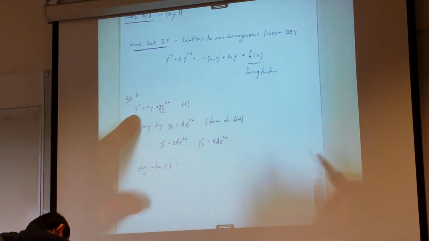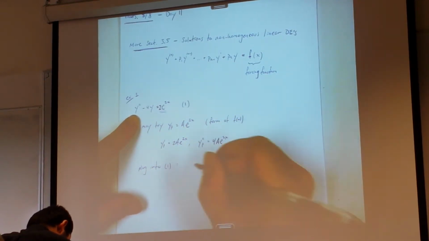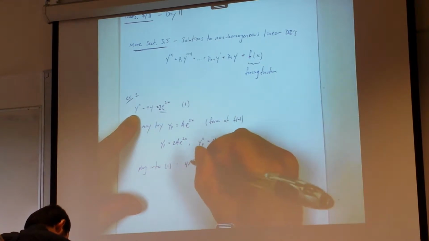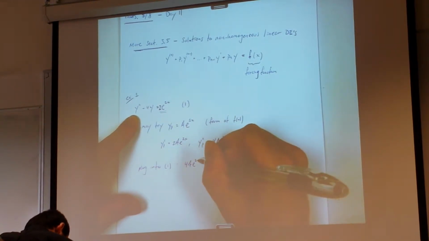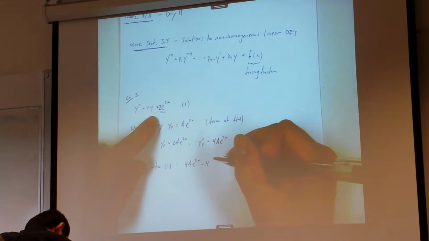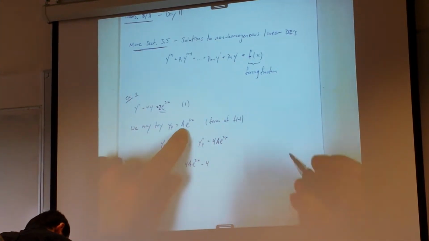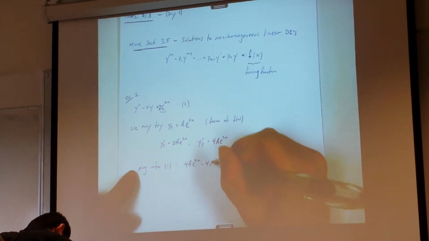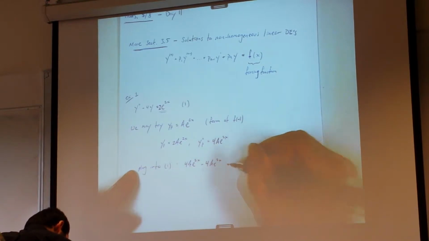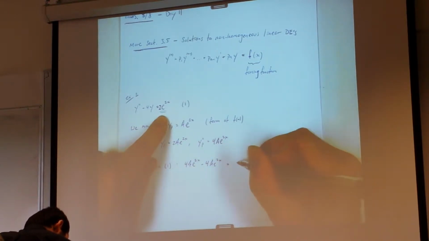And we would get for y double prime sub p, 4a e to the 2x minus 4y, y sub p in this case, a e to the 2x, and we want that to equal 2e to the 2x.